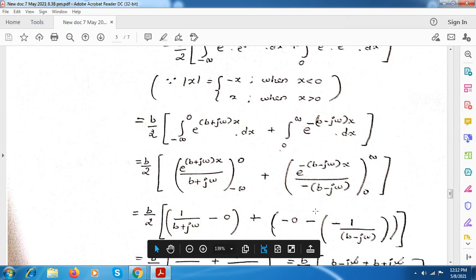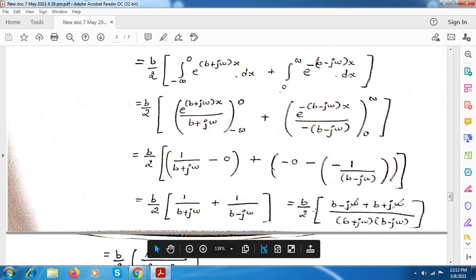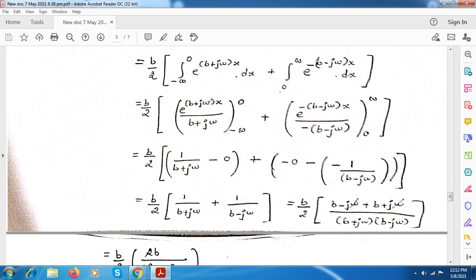Then you have to put the upper and lower limits in both the terms. If you put 0 here, this will be 1 divided by b plus j omega. E to the power of 0 will be 1 and e to the power of minus infinity will be 0, so here it is minus 0. Then plus, if you put the upper limit as infinity here, it will be 0, minus the lower limit.